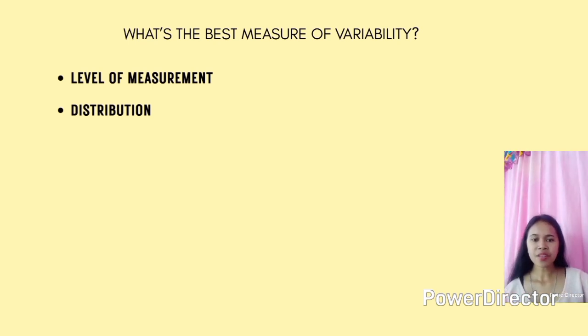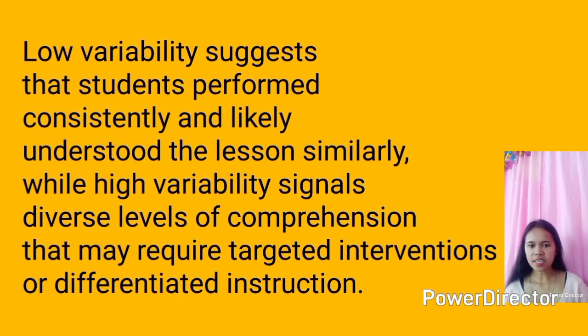For the distribution, with normal distributions, all measures can be used. The standard deviation and variance are preferred because they take your whole data set into account, but they are easily influenced by outliers.